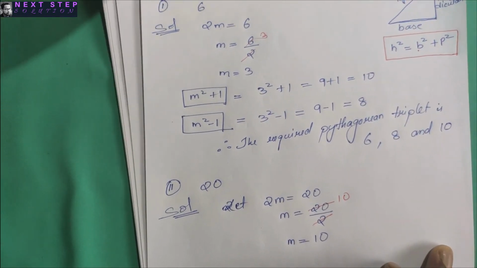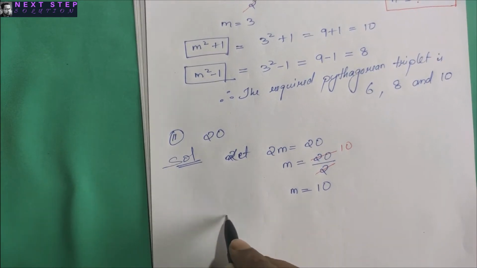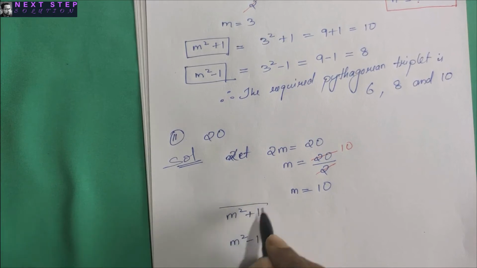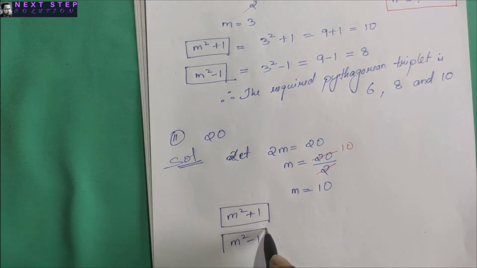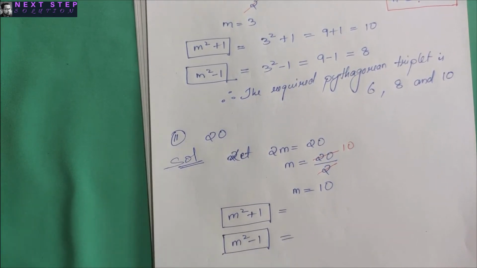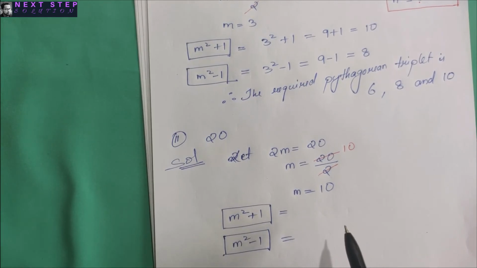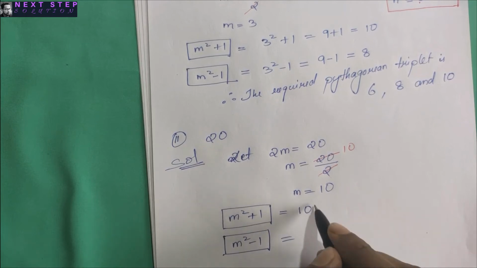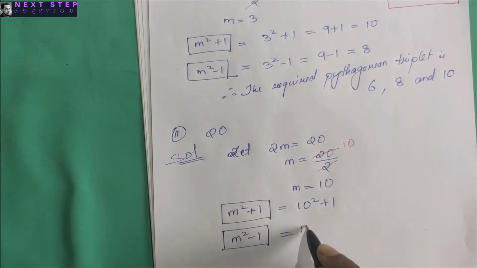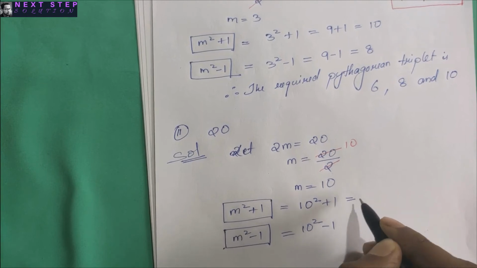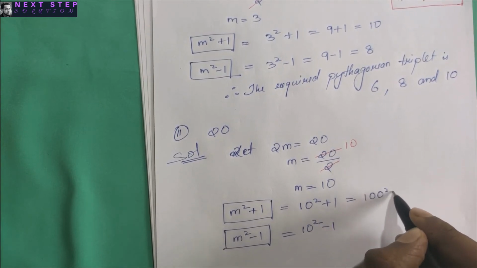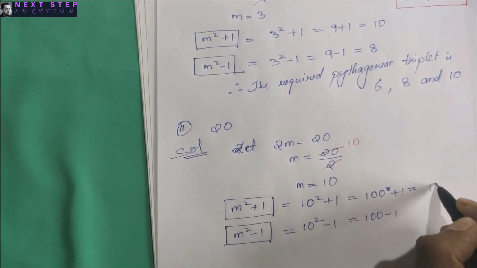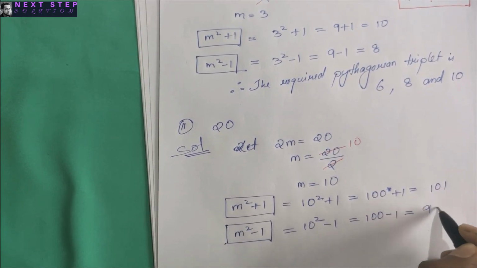Now, after getting m, we will use the formula, which is m square plus 1, m square minus 1. This is again the formula. Remember this one. Now replace the value. m here is 10. So we can write 10 square plus 1 and 10 square minus 1. 10 tens are 100 plus 1 and 100 minus 1. 100 plus 1 will give you 101. 100 minus 1 will give you 99.